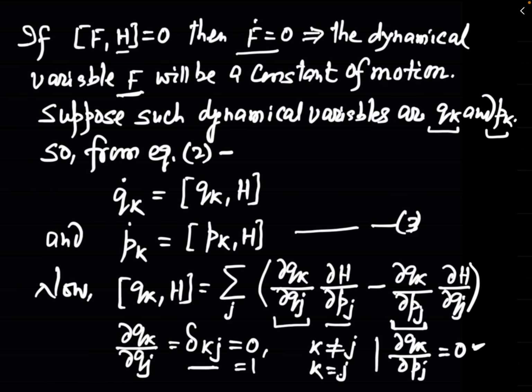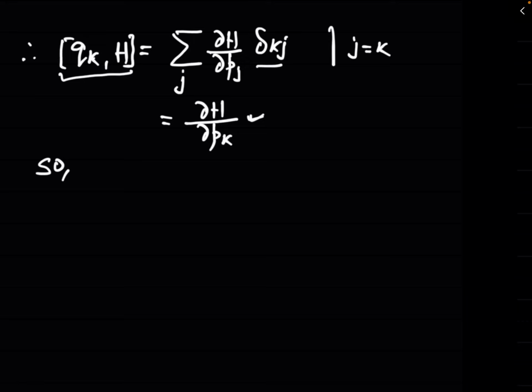But you can see this Poisson bracket of Qk and H is equal to Qk dot. So you can see that Qk dot is equal to del H by del Pk. And what is this?